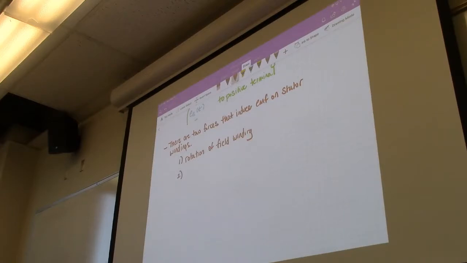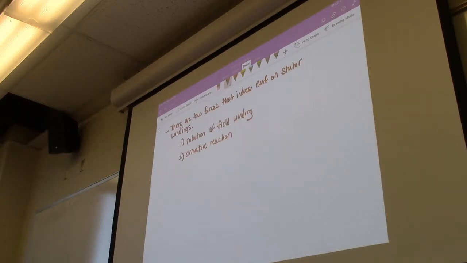And two is going to be what we call the armature reaction. I don't know if I've made it clear, right? Armature, stator, same. They're synonyms for one another. Okay, so now getting more into that. Section 9.3.1 discusses the induced EMF from flux linkage with the field winding.